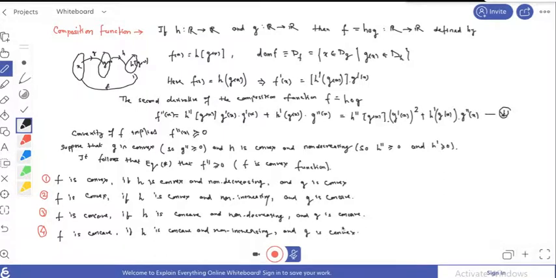Okay. So here, this is the result of this theorem.